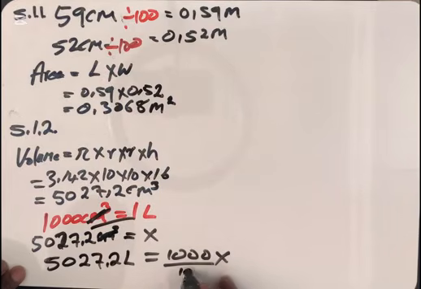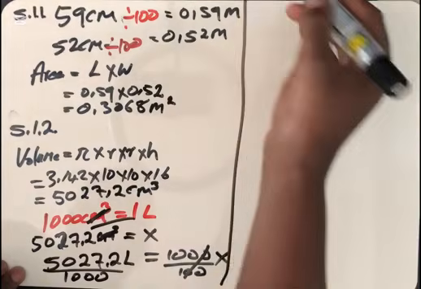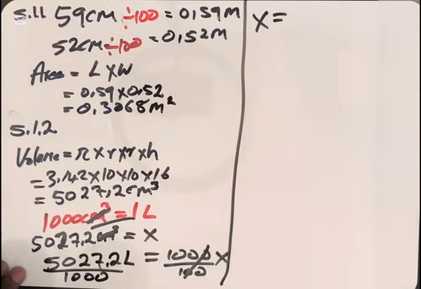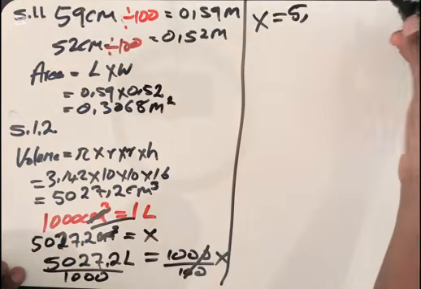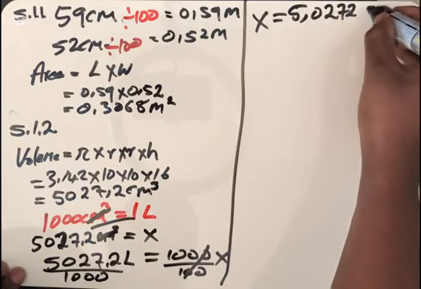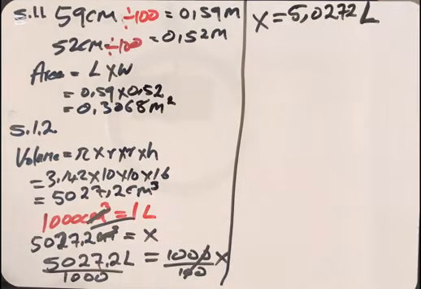We divide by 1,000 both sides. And then we found that our x is equals to this divided by 1,000, which is 5.0272 liters.